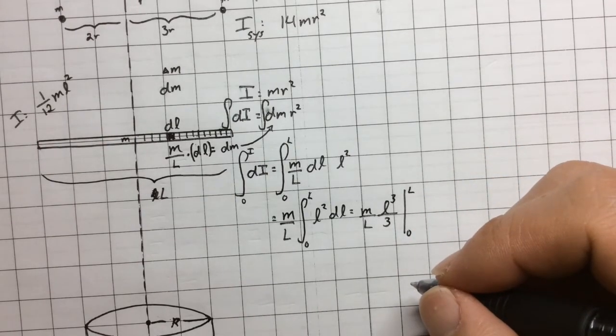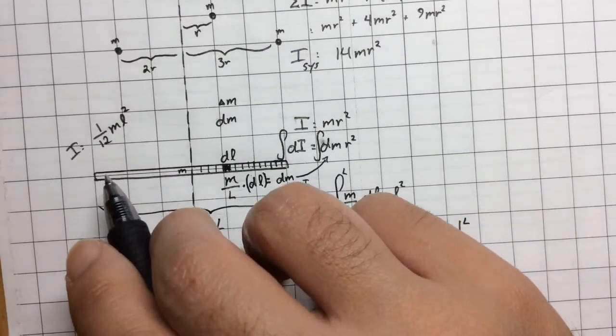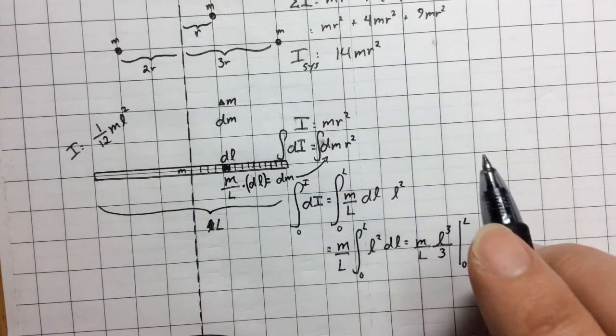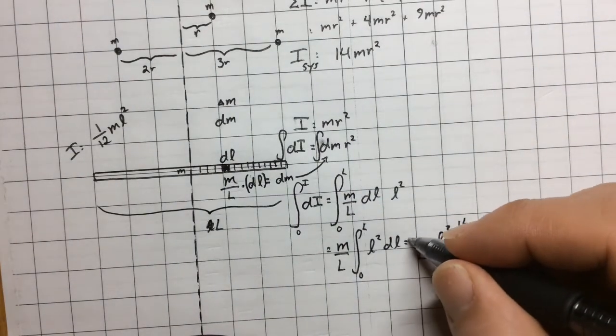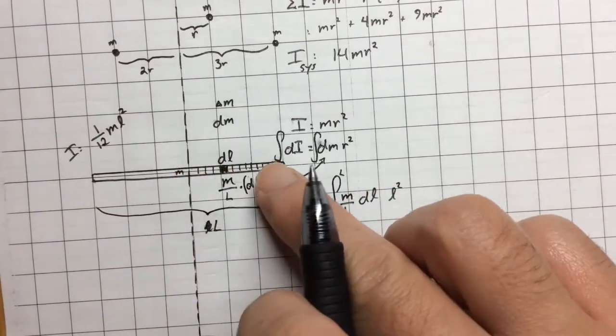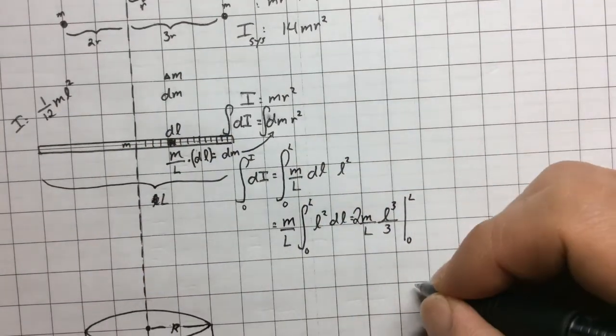But wait a minute. We should be going from here to here, negative L to L. Or we can just double this. Whichever way you want, I'm just going to go from here to there, and using symmetry, we'll just double it. Then we plug in these boundaries.